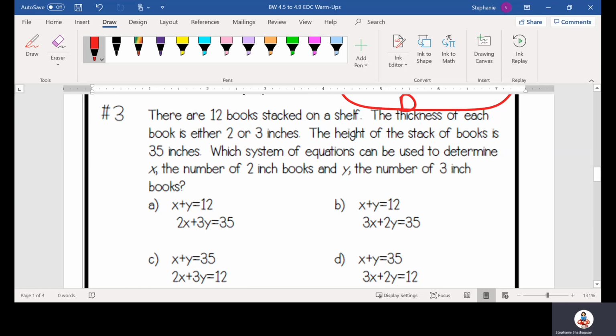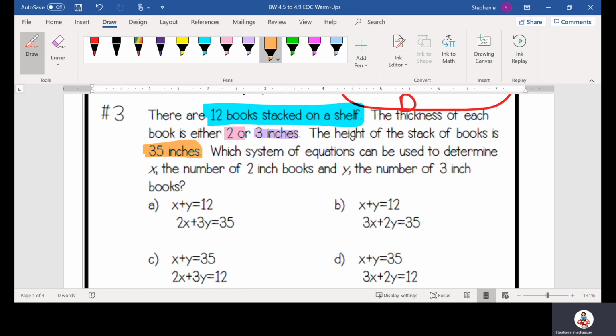All right, number 3, there are 12 books. So again, we are looking probably at a system of equations. The thickness of each book is either 2 or 3 inches. The height of the stack of books is 35 inches. Which system of equations can be used to determine x, the number of 2-inch books, and y, the number of 3-inch books?